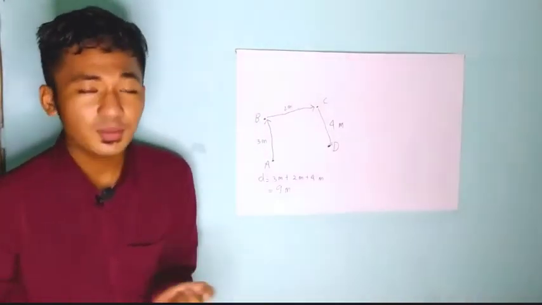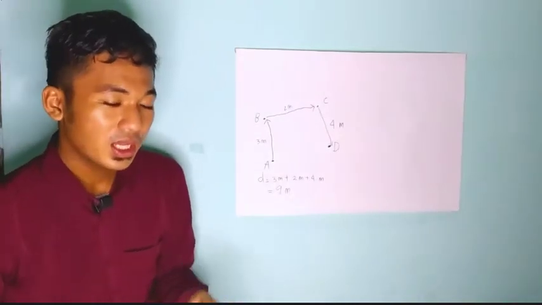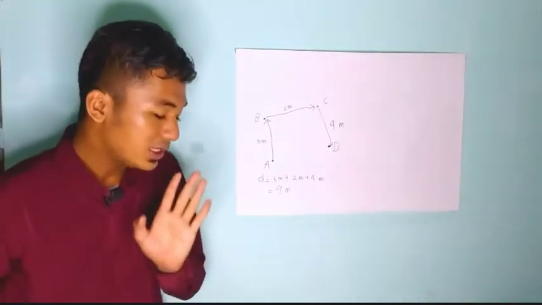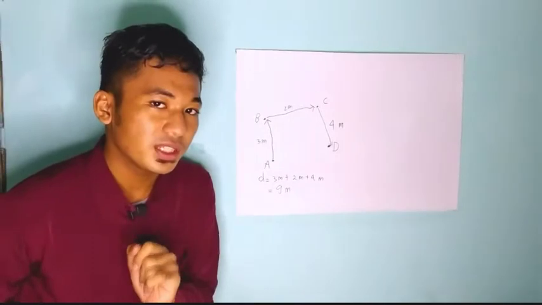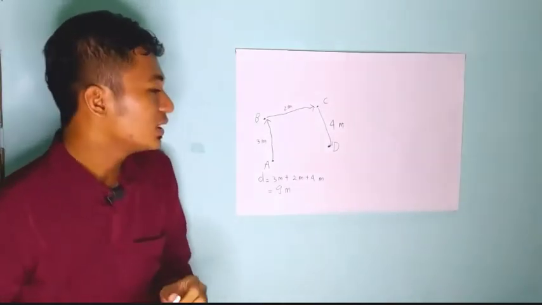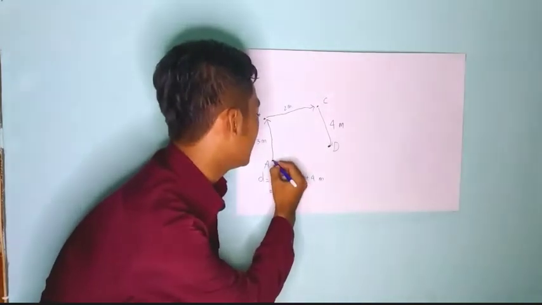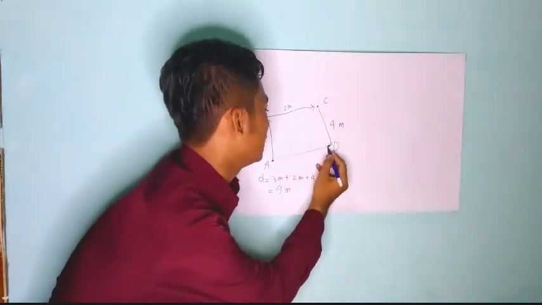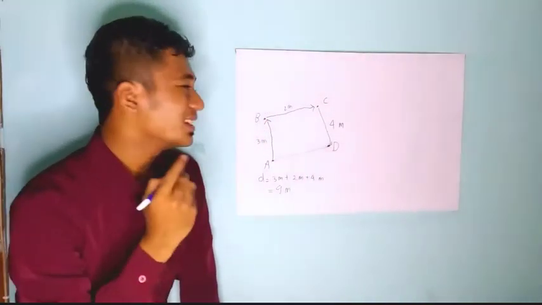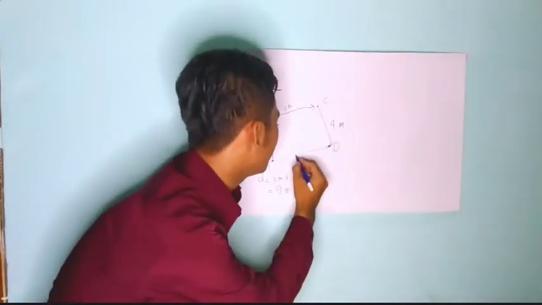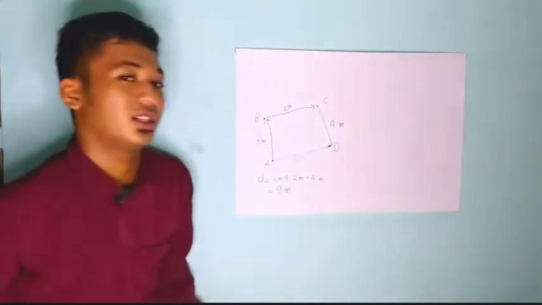And how about displacement? You remember that the displacement is specific direction. So you have to take this way. It is displacement. Let's say it is 6 meters.